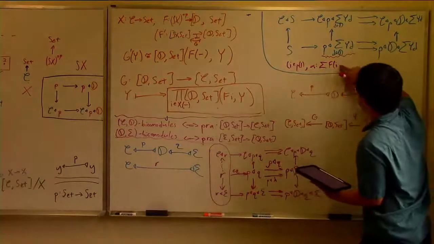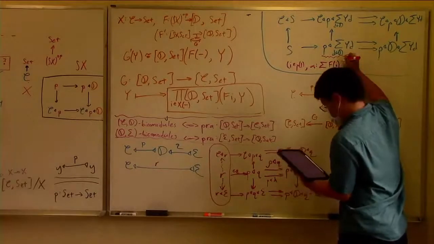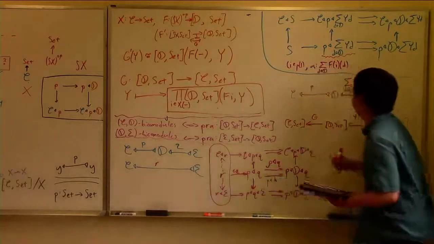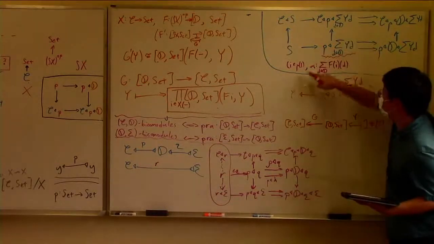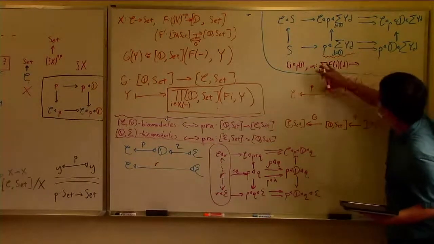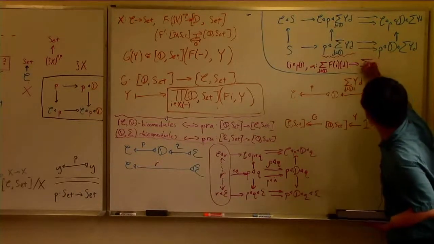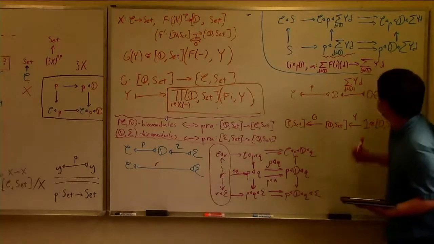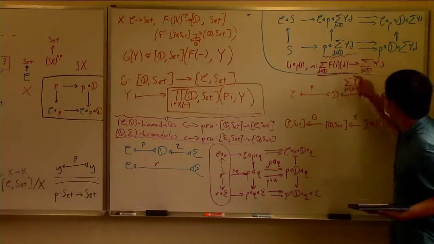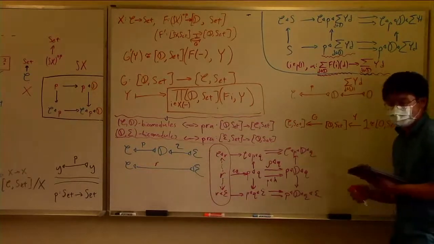So we apply it to this I, but then we also apply it to every object D in big D. And that is the set of directions at this position I. And we send each direction to an element of this set here. And now what we're doing is sending the elements of this functor applied to both I and D, over every D and D, to the elements of this functor applied to every D and D.